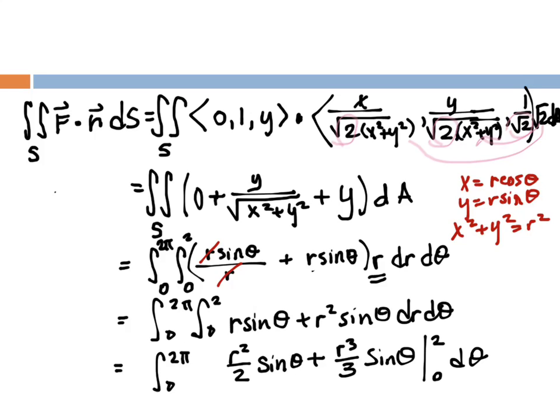So if I evaluate that from 2 down to 0, what do I get? And those, I think, probably could be combined, right? You wouldn't have to. You could leave them separate, but could you combine them? Sure. What's 8 over 3 plus 2? 14 over 3. So we're almost done with this one.